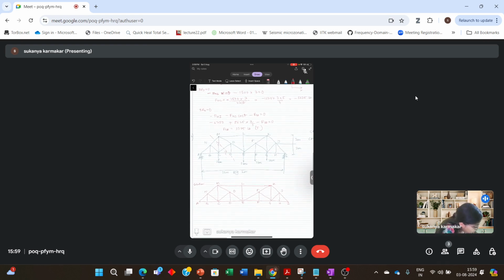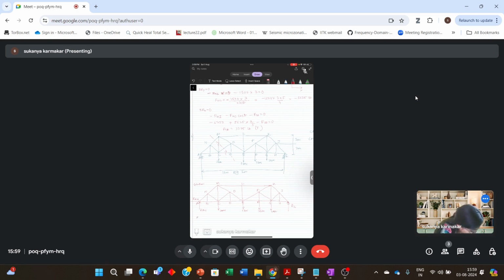This being a roller joint will have a reaction at I, and at A you have a hinge joint, so RA vertical, RA horizontal, and you have vertical force of 2 kilonewton at point C, 5 kilonewton at point E, at G you have a force of 3 kilonewton, at I you have a force of 2 kilonewton.